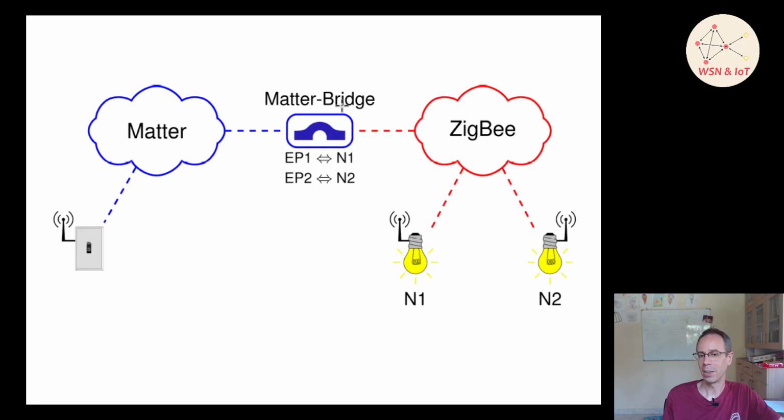So you're making a virtual device here, a Matter Bridge, which has different endpoints, and all endpoints represent one node in the ZigBee network, so that you can control with a Matter switch also a ZigBee node, like a ZigBee lamp and so on. Yeah, also possible with other standards like Z-Wave and Bluetooth Low Energy mesh and so on, if there's something out.